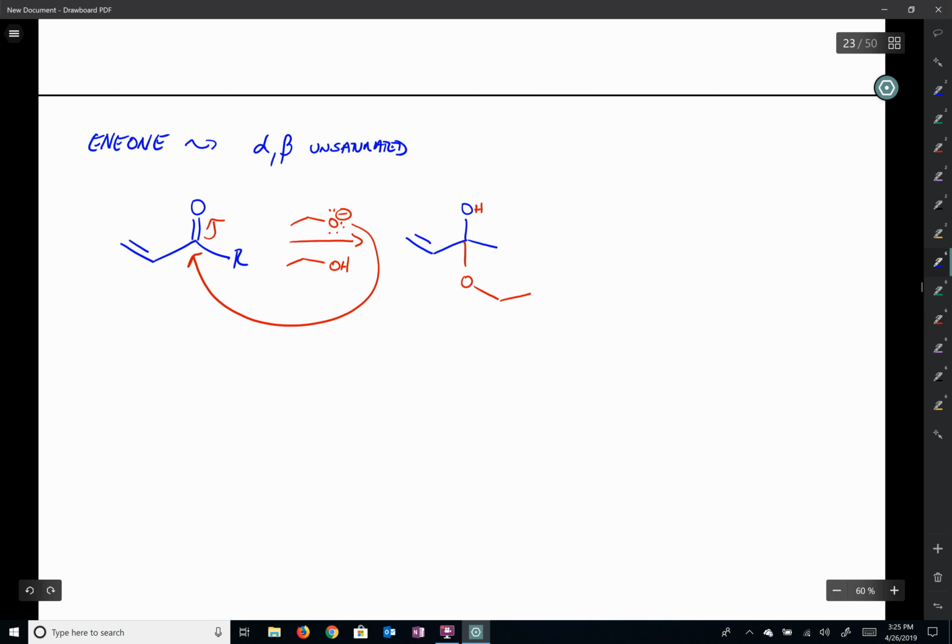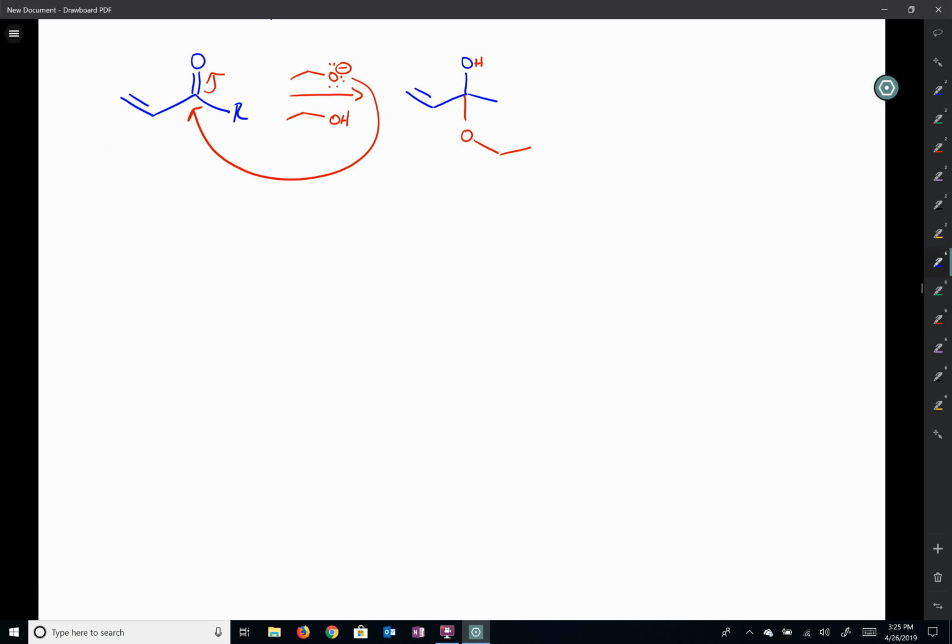But there was an observation made where, let's say we have this guy here, and this was reacted with sodium methoxide, and we could put this in some kind of solvent, methanol maybe.